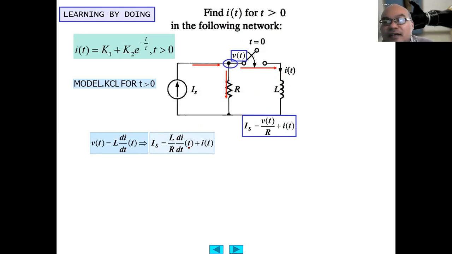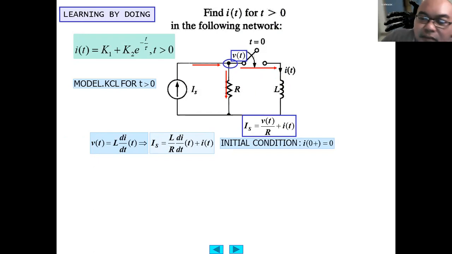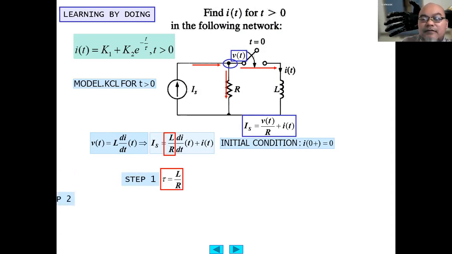This is basically already in the standard form of the differential equation. The initial condition is known. The current flowing through the inductance just after the switch is turned on is equal to 0, because it should be the same as the current at the inductance just before the switch is turned on. So from here, we immediately obtain tau equals L over R.